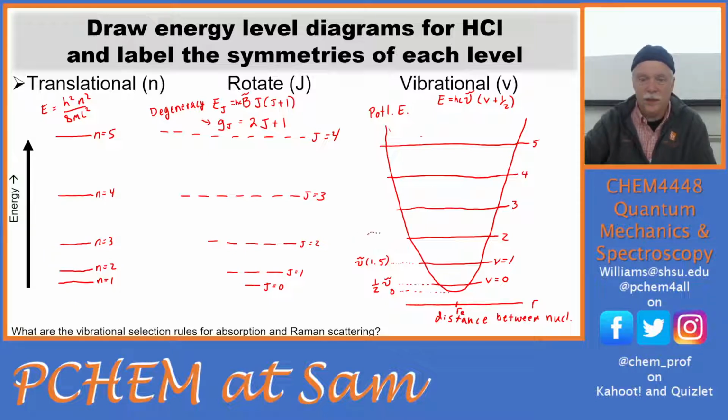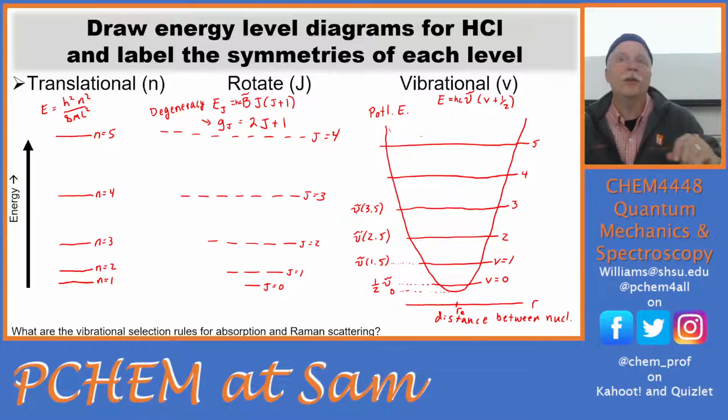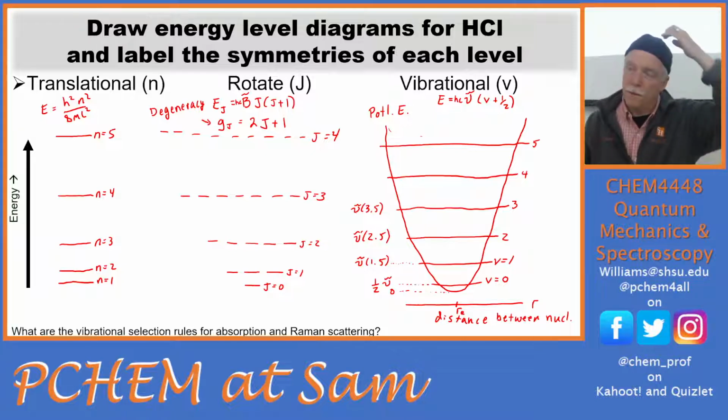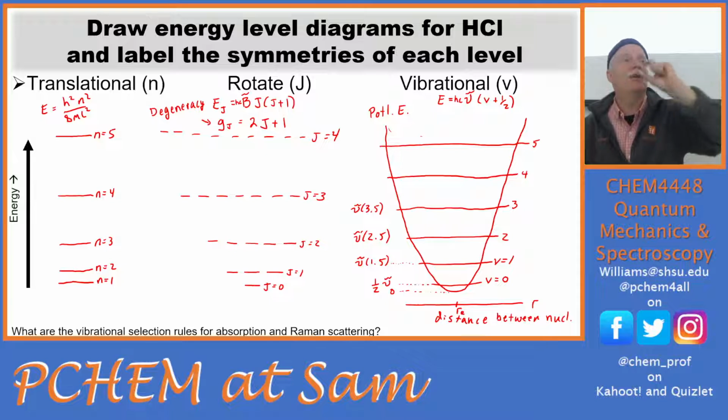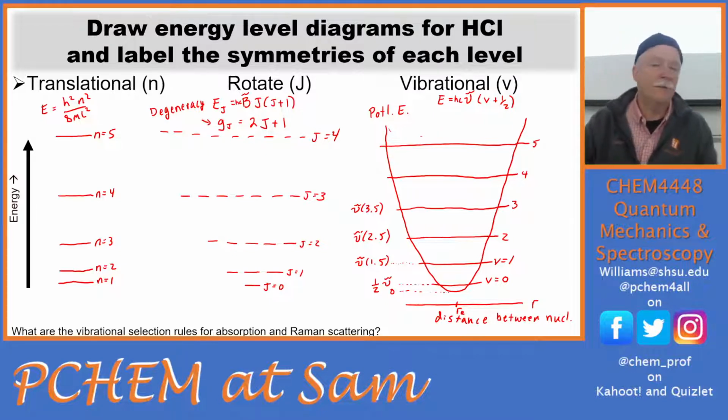So this next one is the vibrational frequency, nu times 2.5. And this one is nu times 3.5. You see the difference between all of those is just 1 unit of the vibrational frequency. So if you know the vibrational frequency, you know the spacing in the energy level diagram.